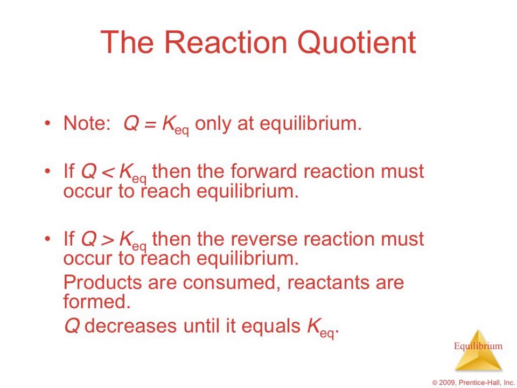If Q is less than K, then the forward reaction has to occur to get to equilibrium. If Q is greater than K, then the reverse reaction has to occur. I'll show you an example of this in a second, and I think it'll make sense, okay? So if Q is greater than K, then Q will decrease until it equals K. What they didn't put up here is that the Q would have to increase on this one.